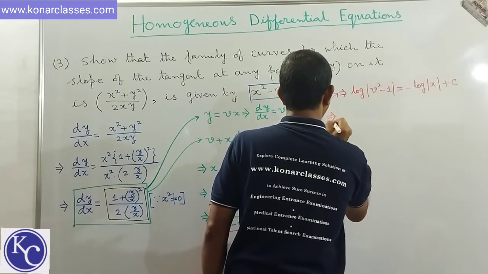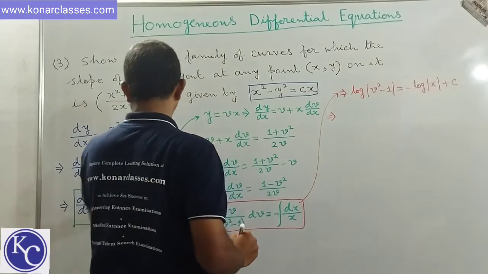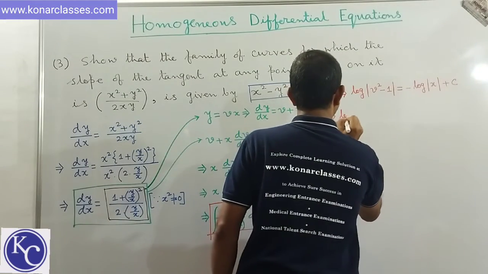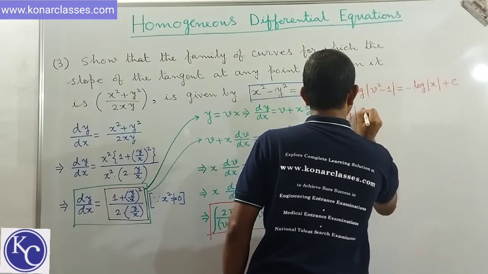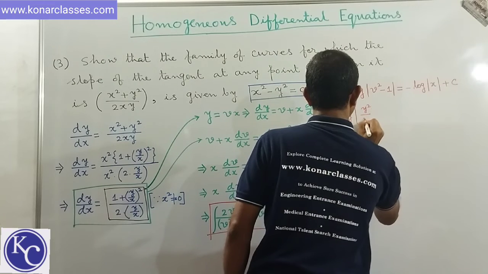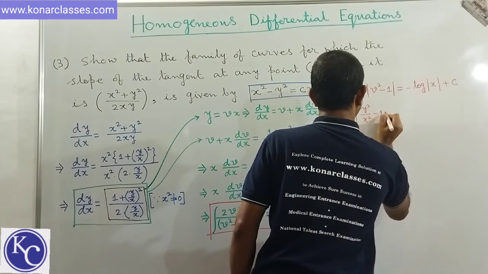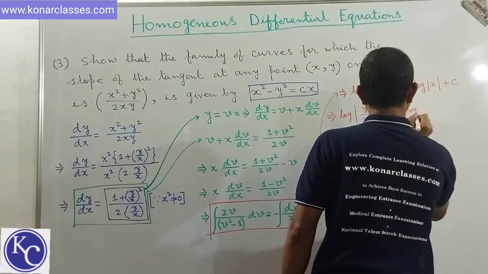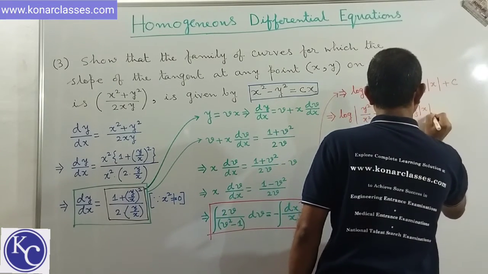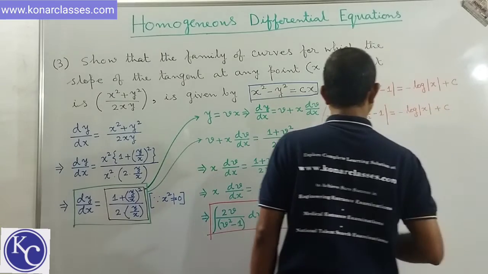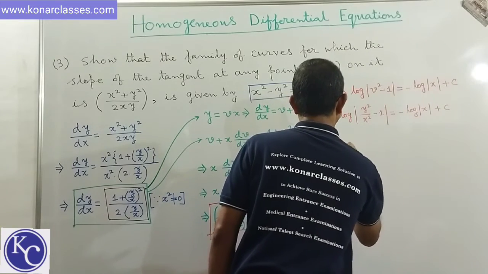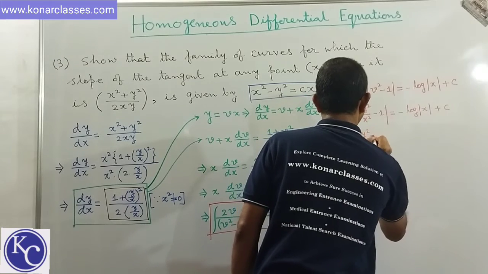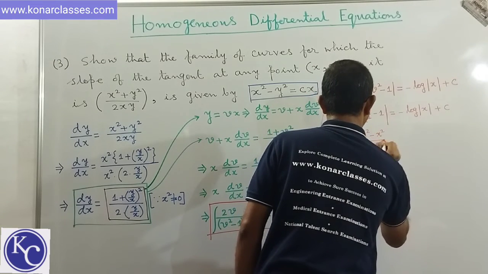So we need to apply back the value of v. What is v? v is equal to y by x. So this implies log of mod (y square by x square minus 1) is equal to minus log of mod x plus c. This implies log of mod (y square minus x square) divided by x square.